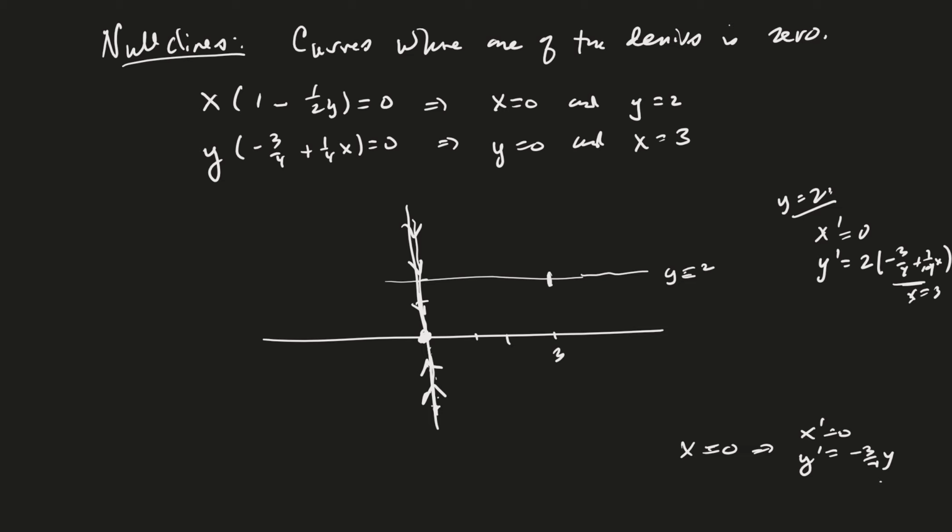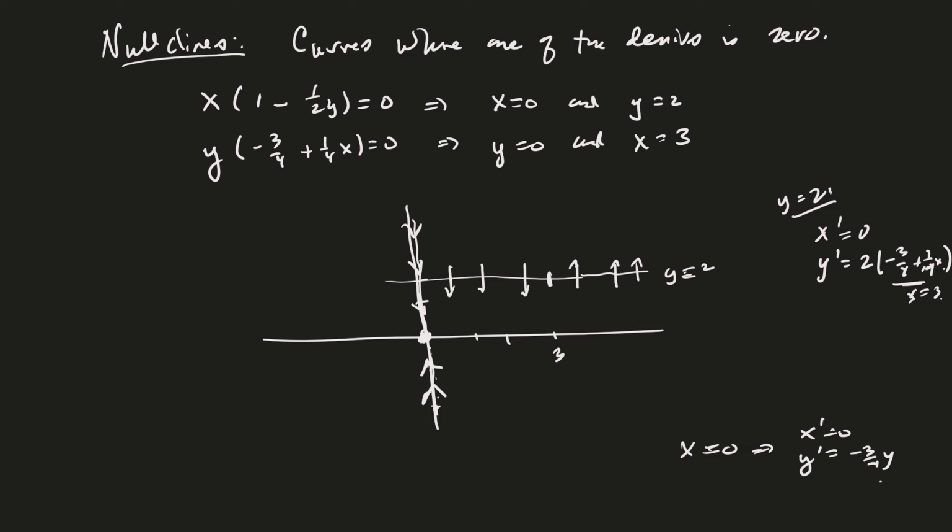So if x prime is equal to 0, that means you are not going left or right, you are only going up or down, right? And so if x is less than 3, what happens? For example, if x is 0, then y prime is negative, so you're going down. And if x is bigger than 3, for example, if x is 4, then y prime is positive, and you're going up. Good.